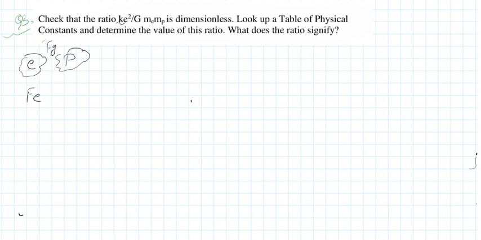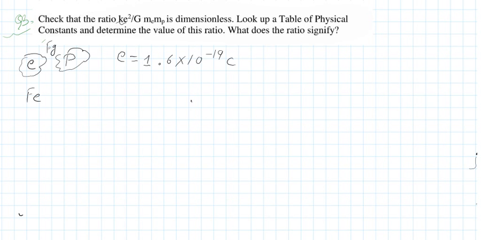So for this we have to know some values, like the charge of an electron and charge of a proton, which is 1.6 into 10 the power minus 19 coulomb.